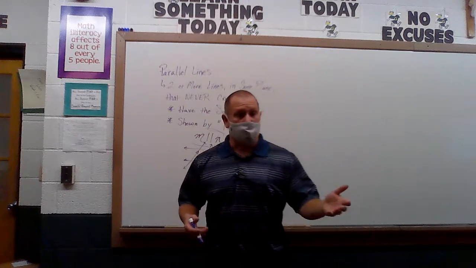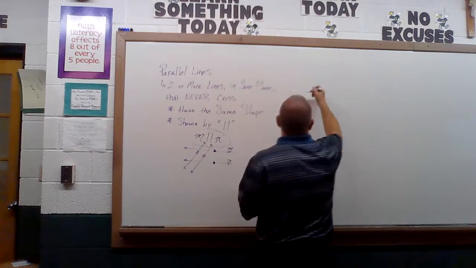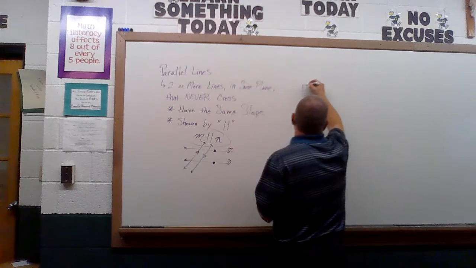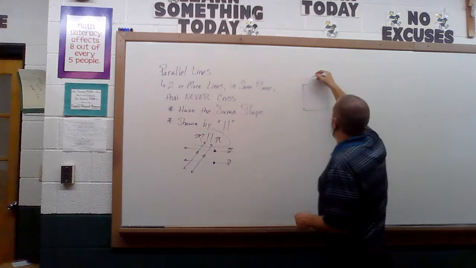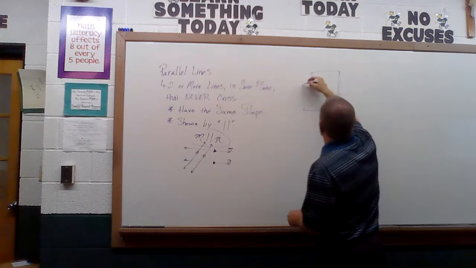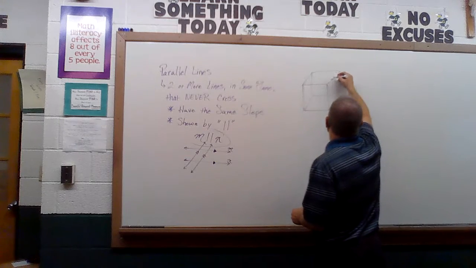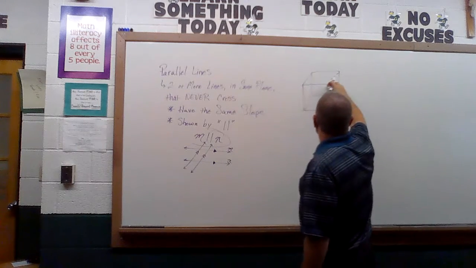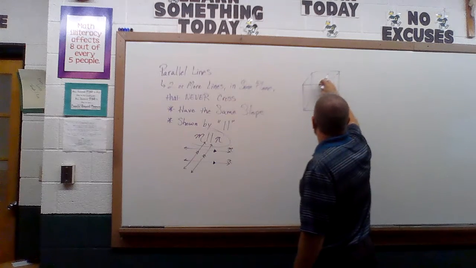Now, can you draw a cube? Try to draw a cube on your paper. If you don't know how to draw a cube, start by drawing a square in front of you, and then a square behind it like this. And then you're going to start connecting things, right? Something like that. And these should actually be slashes too.